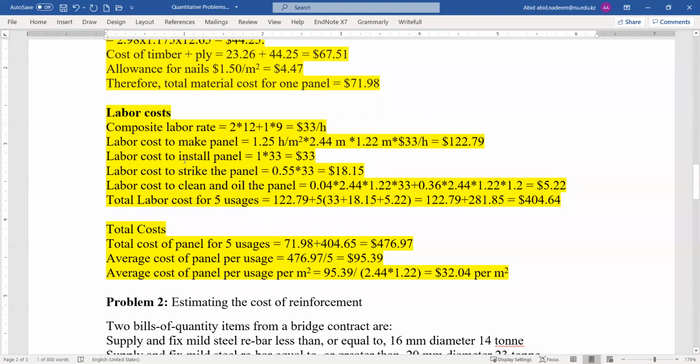And because this is only the formwork crew, we are only considering the formwork. Of course, after the formwork has been installed, there will be the reinforcement work and the concreting work, but that reinforcement and concreting we are not considering in this problem. So we are only considering the formwork.